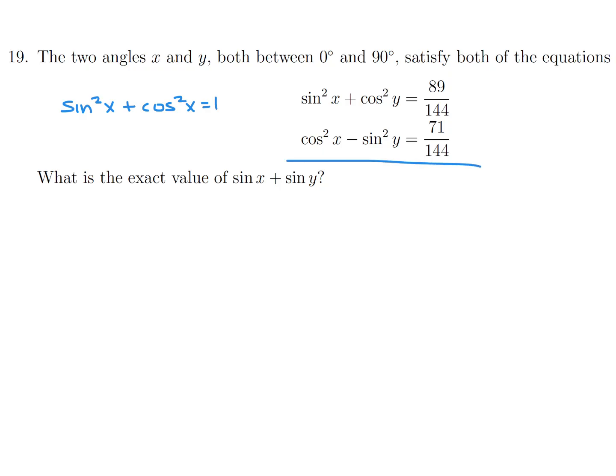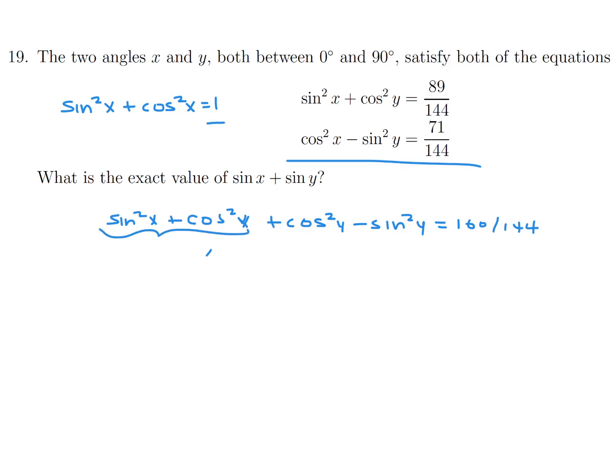So if I add both of those equations, I get sine squared x plus cos squared x, purposely grouping those together, plus cos squared y minus sine squared y. And that's going to be 89 plus 71 is 160 over 144. Okay, so this one is 1, so that's really nice.